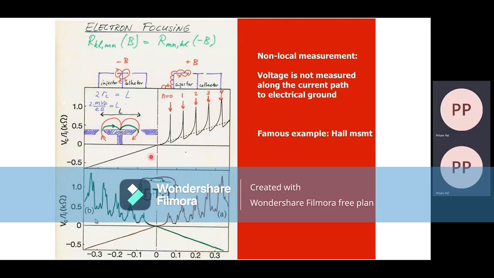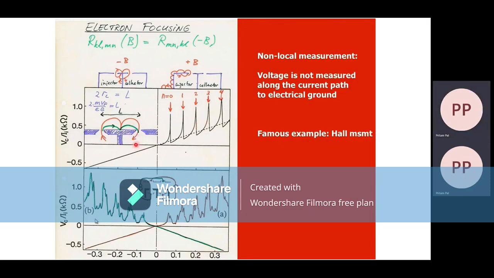Now the slope corresponds to a small Hall voltage that is detected and admitted in the geometry because the source and the drain contacts are crossed in this non-local measurement.